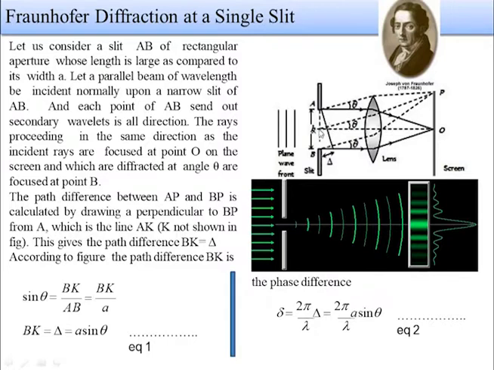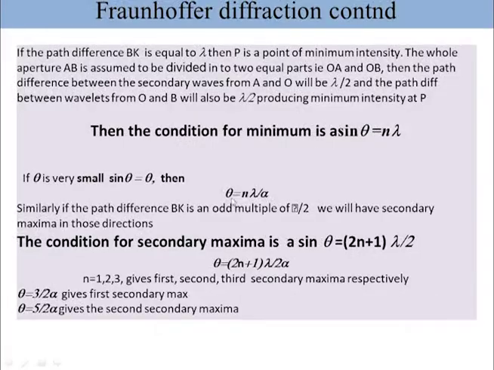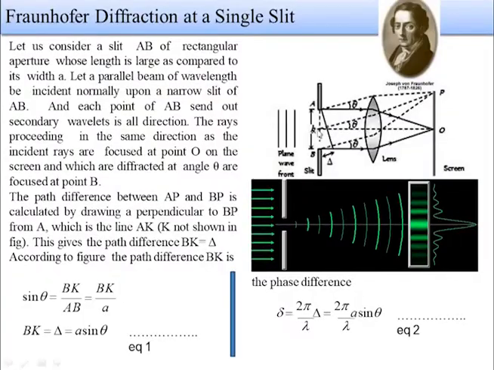And we assume a point O at the center of the slit, from A to B, such that comparing the wavelets coming from A and O, the path difference will be lambda by 2. Again O and B will be lambda by 2.